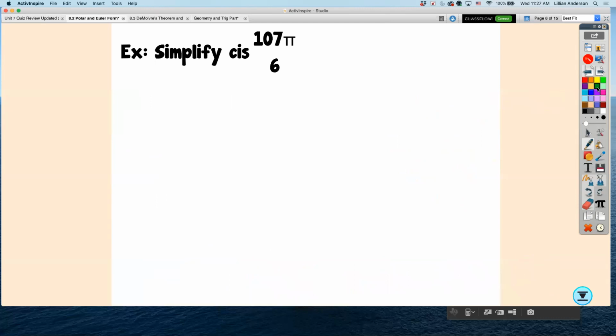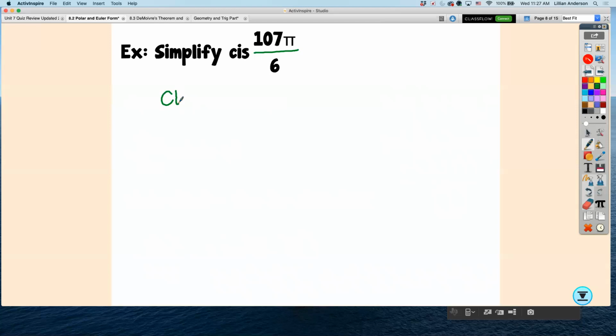Okay. Let's simplify cis of 107 pi over 6. It's going to be one of those of a 2k, right? Well, it's over 6.